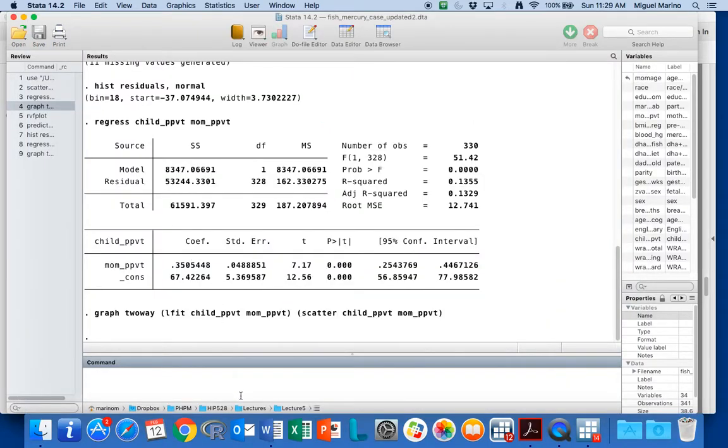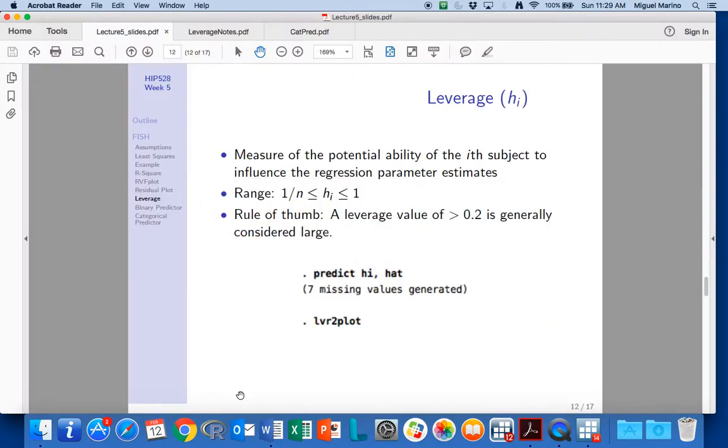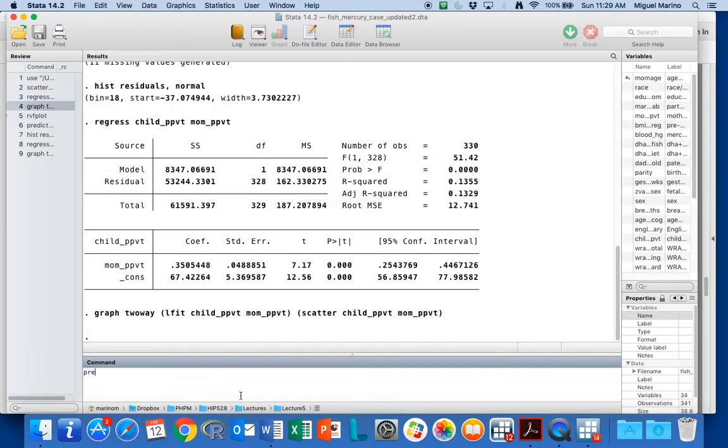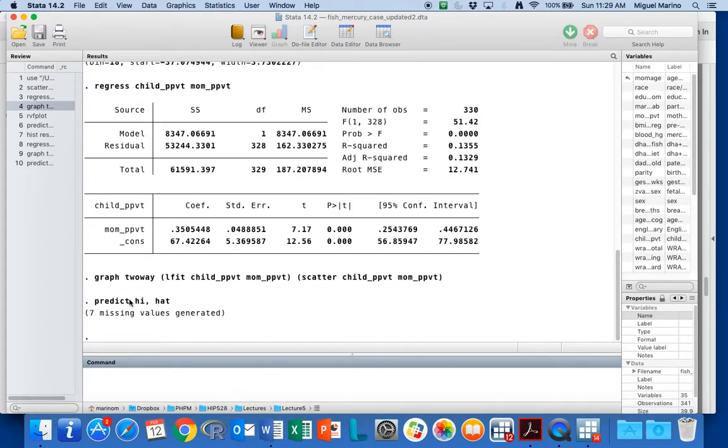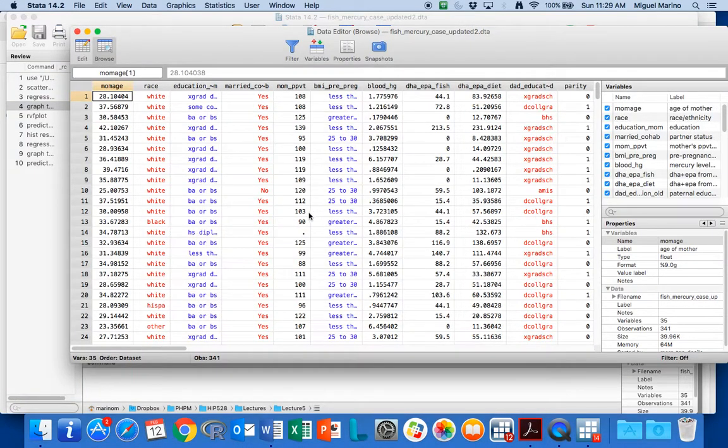On the slides I have the predict command. We're going to use predict, and I'm calling this HI. You can call it whatever you want, even leverage, but I'm going to call it HI. If you type in hat, that tells Stata to calculate these leverage points. Let's look at the data browser.